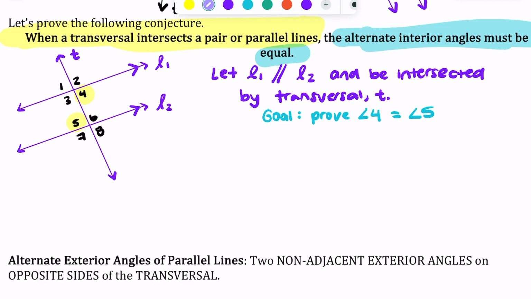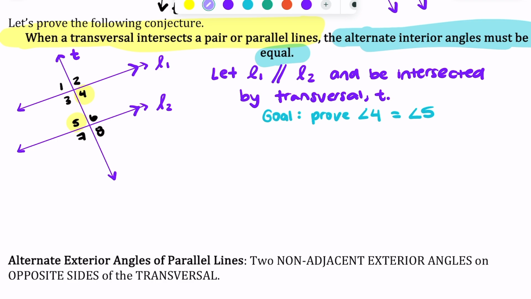I don't really care about interior, exterior angles of a polygon. I don't have polygons on this diagram, so it's not really useful to me. But I am looking at supplementary, corresponding, and vertically opposite, because those are all pairs of angles that I have in this diagram.